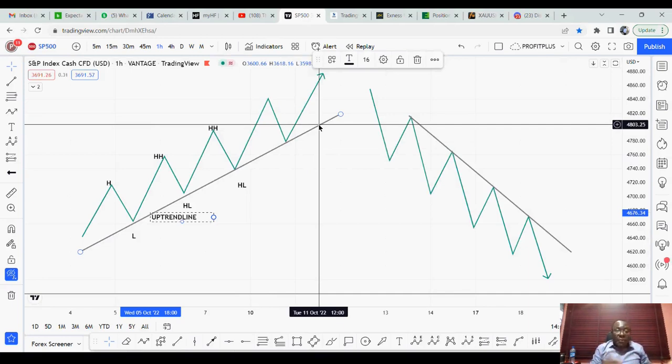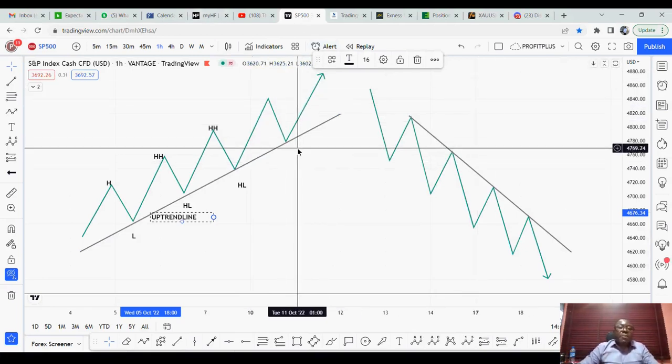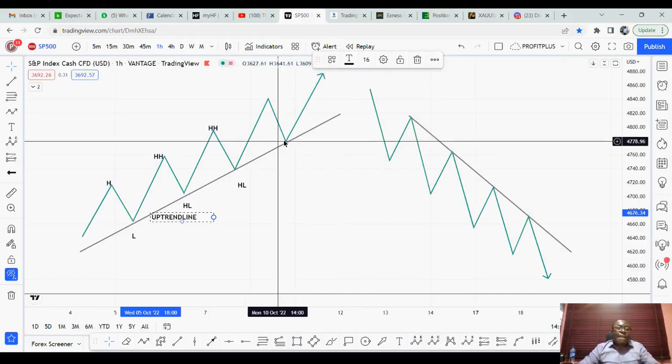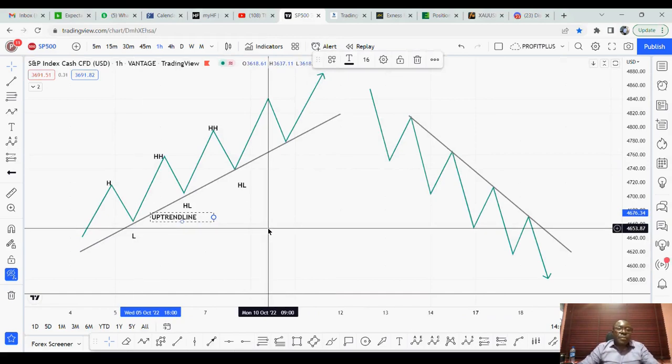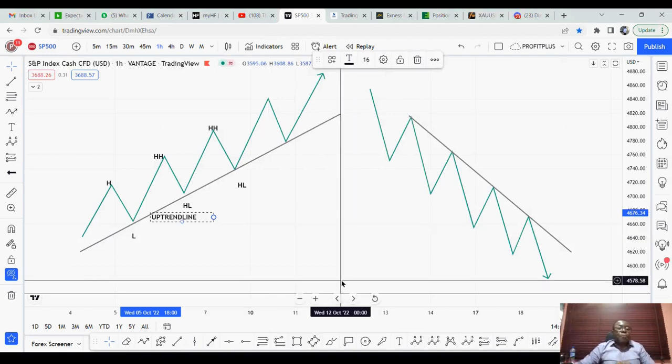Remember in the previous classes, that when the price breaks a trend line, it offers you an opportunity to trade in the direction of the break. And when the price touches the trend line and bounces off, like in the case here, this is where, when the price is anticipated to go up or rally higher, you are going to be looking for buying opportunities.